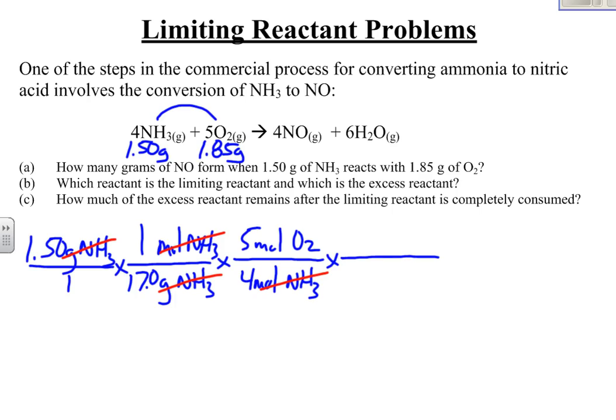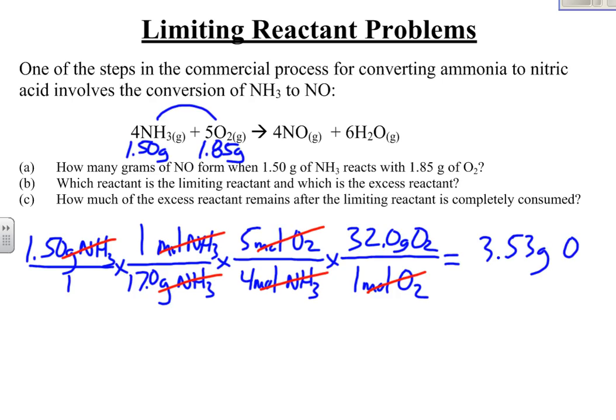In order to compare with the oxygen, we need to get to grams. So we would do 1 mole of oxygen is 32 grams of oxygen. And again, if we do our calculations correctly, we end up with 3.53 grams of O2.